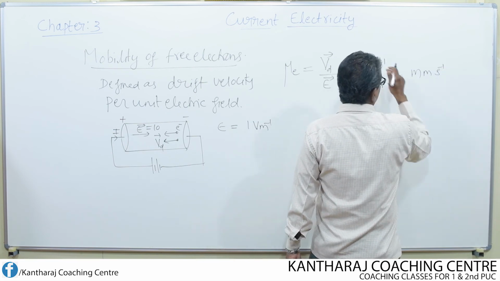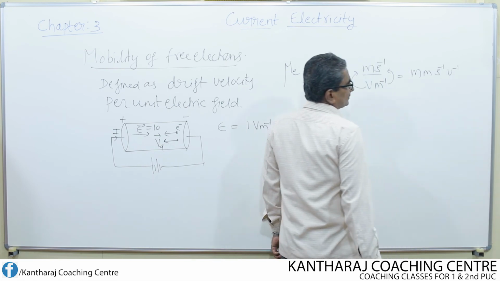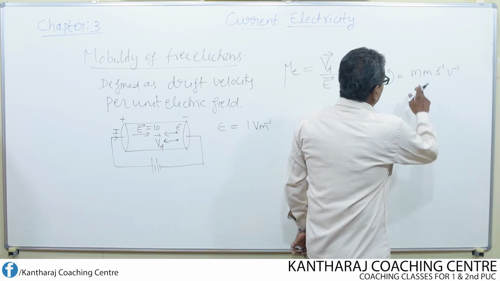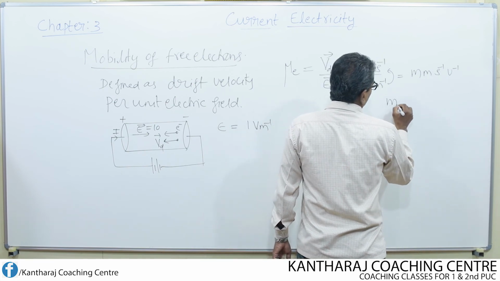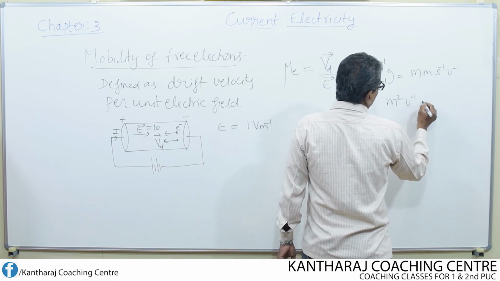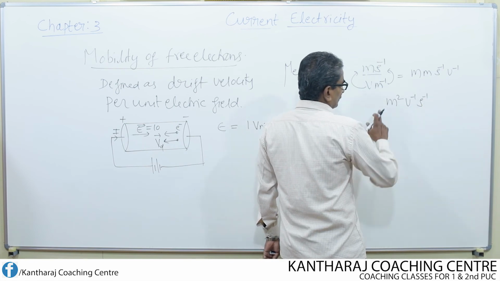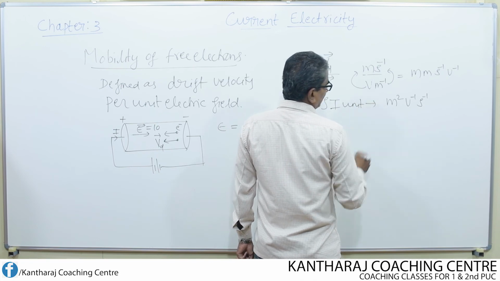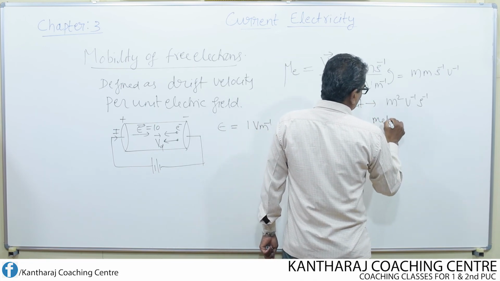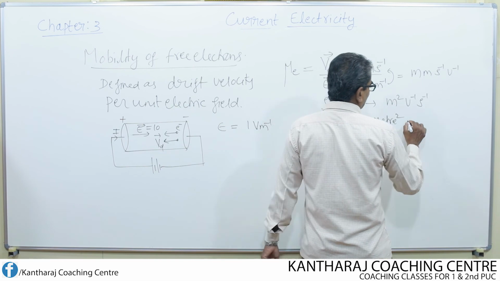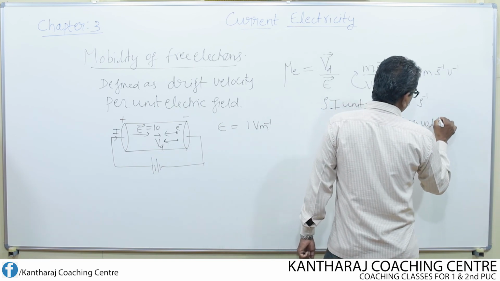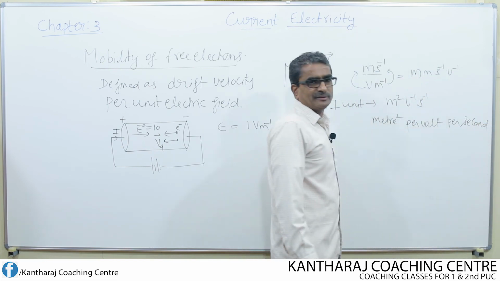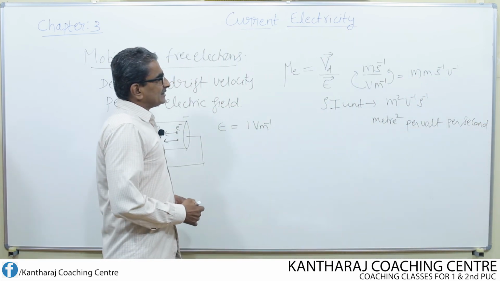Then V, if we shift this to the numerator, it becomes V inverse. So meter into meter means meter square per volt per second. So the SI unit of the mobility is meter square per volt per second. Okay, so this is the SI unit.